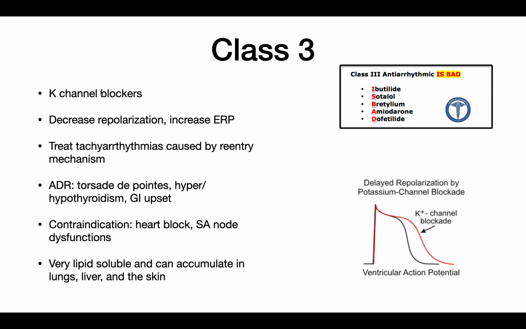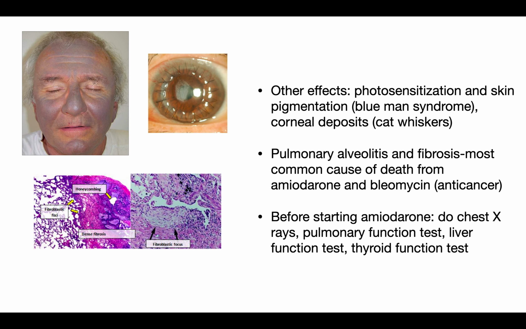So since it's a potassium channel blocker, we do not want to use the diuretics that are potassium sparing in conjunction. So do not be giving somebody amiodarone with, let's say, spironolactone. That will kill the patients for sure.